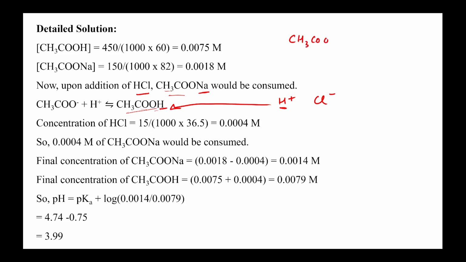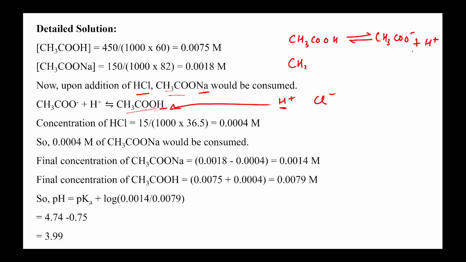So CH3COOH will dissociate into CH3COO minus plus H plus, right? So when we are adding HCl, it is directly adding the concentration of H plus ion. So we have to add the concentration of HCl to the concentration of acetic acid.